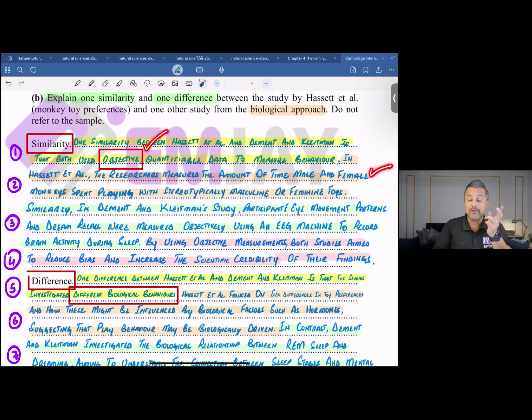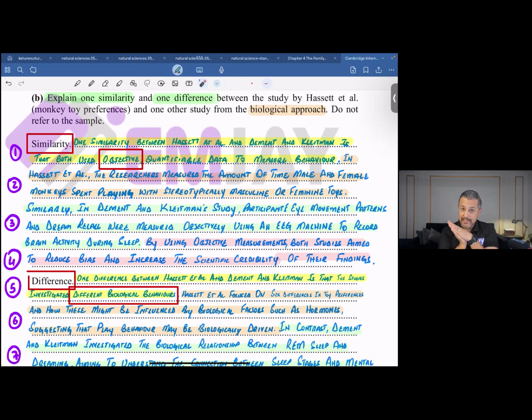Now, for the other study, Dement and Kleitman: similarly, in Dement and Kleitman's study, participants' eye movement patterns and dream recall were measured objectively using an EEG machine to record brain activity during sleep. So this is how I secured my first mark, by mentioning I was talking about the similarity based on objective data being collected.